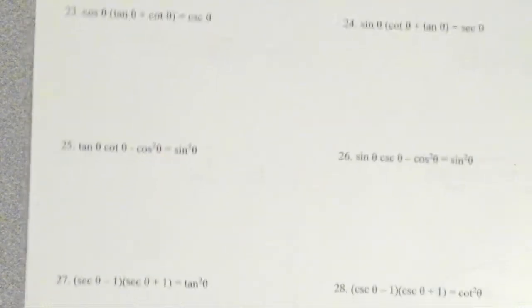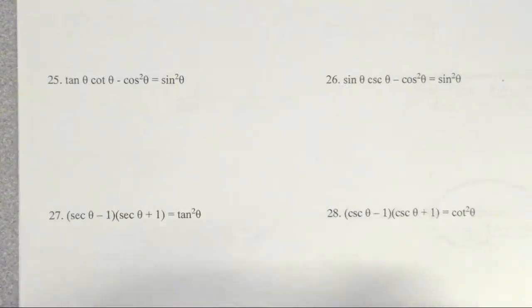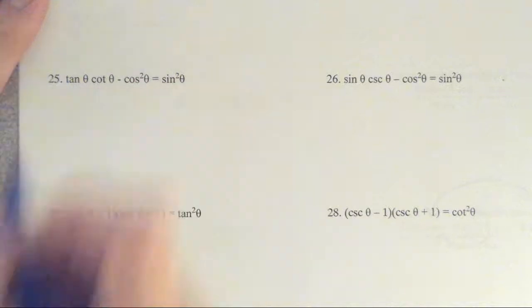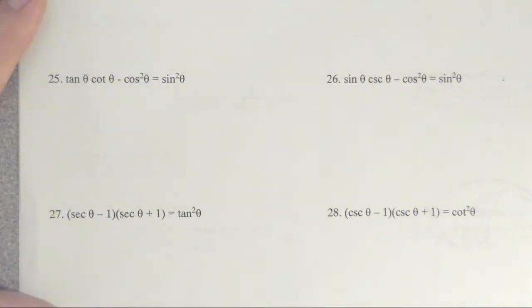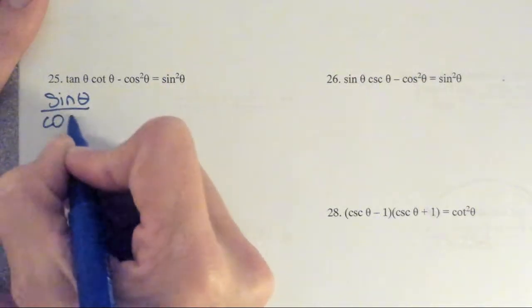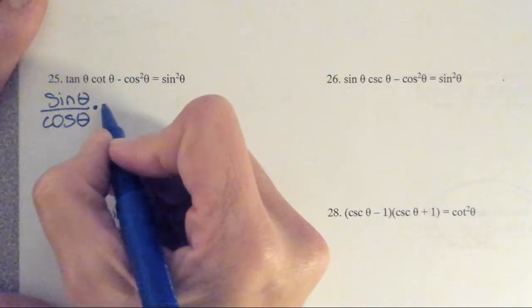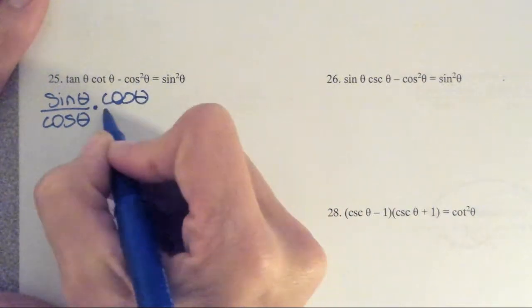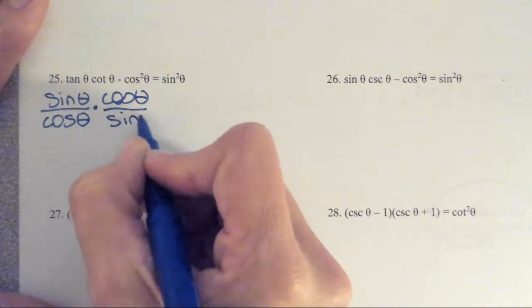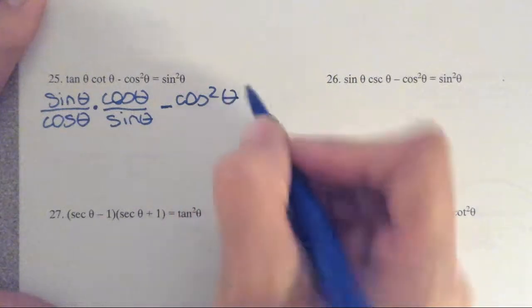25, again, everywhere it says tangent and cotangent, I'm going to rewrite as a cosine and sine. This one I think I could actually fit on here. So instead of writing tangent, I'm going to write it as sine over cosine times, they're right next to each other, cotangent is cosine over sine minus cosine squared theta.